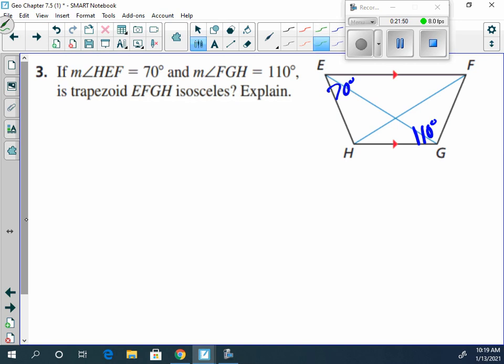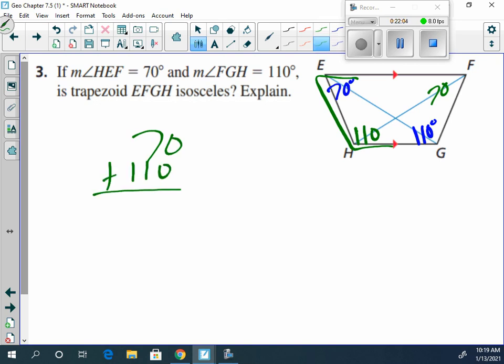Angle F would be what? 70, and angle H would be? It would also mean that these angles here add up to be what? So what is 70 plus 110? So could we say that it's true?